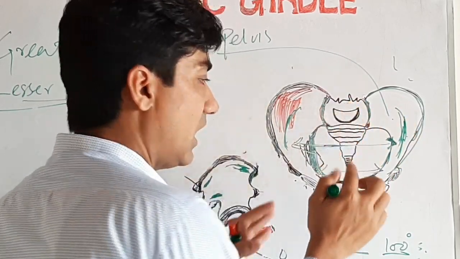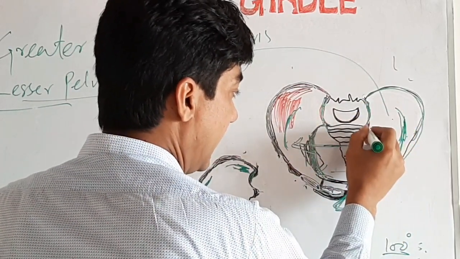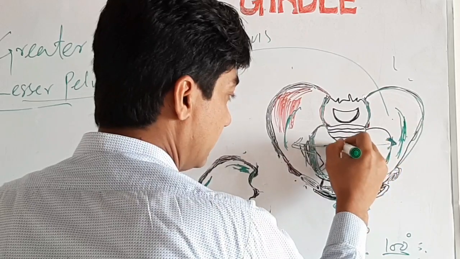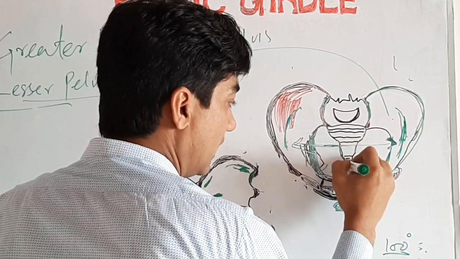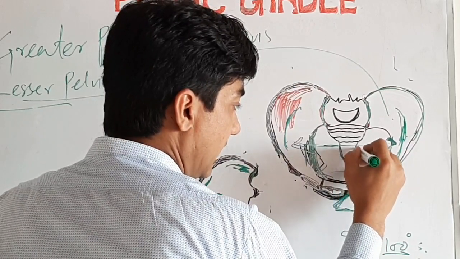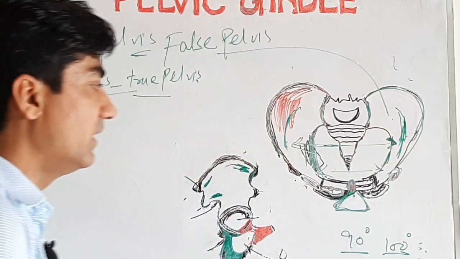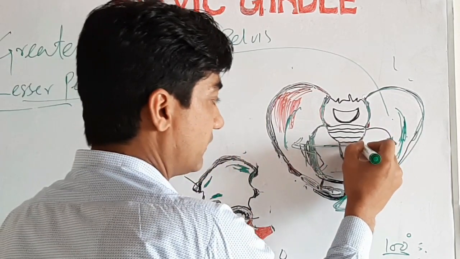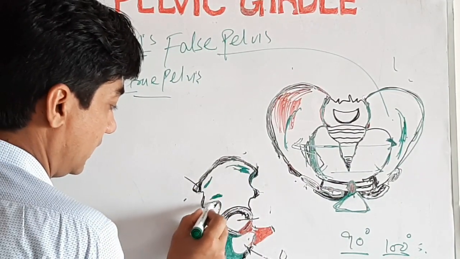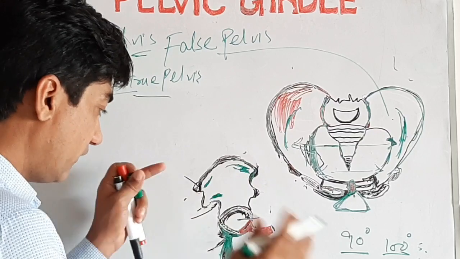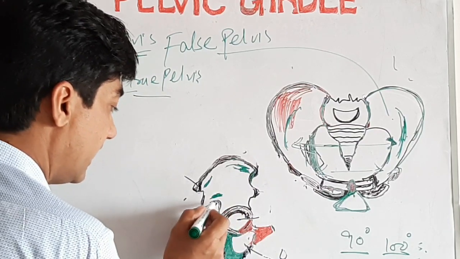The sacrum bone is also larger in females and smaller in males. The tailbone, the coccygeal bone, is often longer in females than in males. While the sciatic notch in females is wider, the sciatic notch in the male pelvic girdle is narrower.